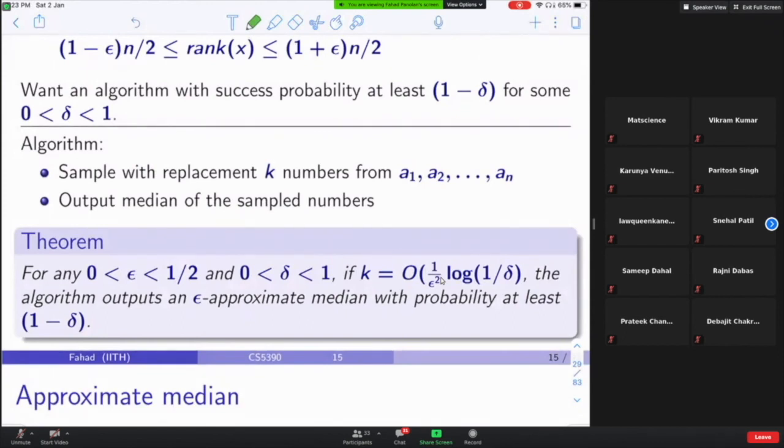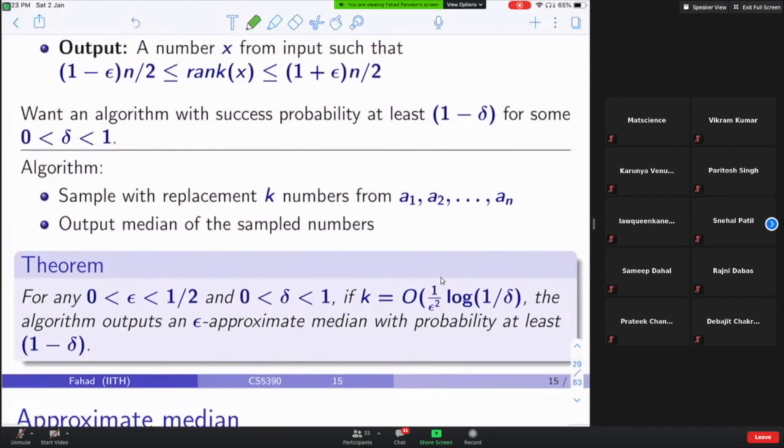Then the median of the sample, the median of these k elements, is actually an epsilon approximate median of the whole input. What do I mean by epsilon approximate median? The median of the sample is actually an element which fits here in the input. And this holds with high probability. What do I mean by high probability? Probability at least 1 minus delta.